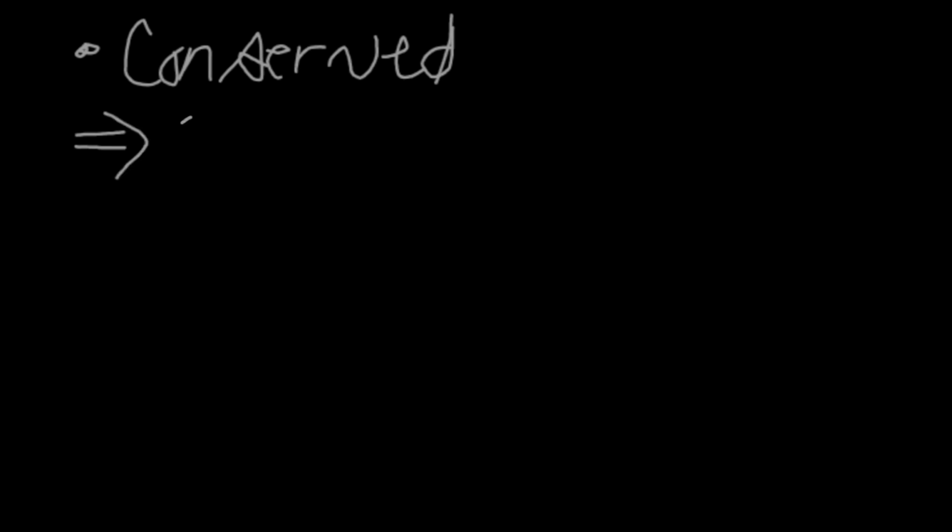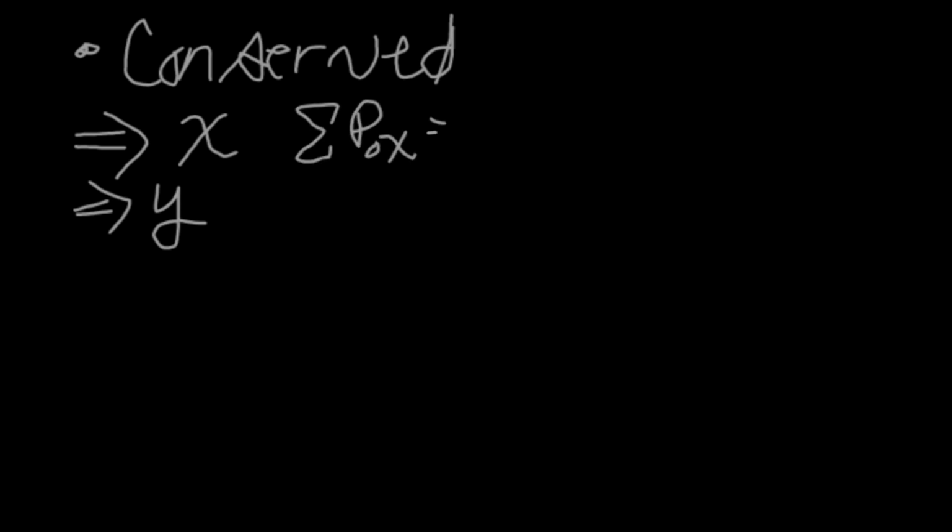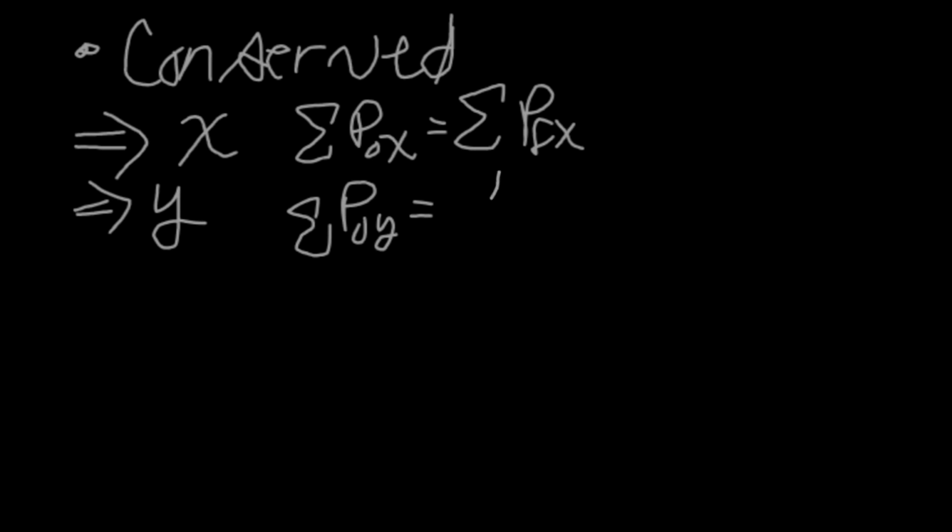So it is conserved in the x direction and in the y direction. That means the sum of our initial momentum in the x direction equals the sum of our final momentum in the x direction, and the same holds for the y direction. So with that knowledge, we can now begin to look at two-dimensional collisions, and that's often more realistic.